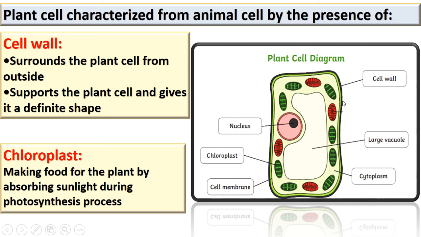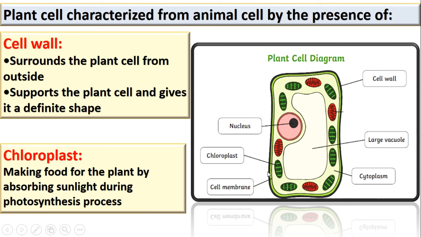Can you see the cell wall? This black layer is the cell wall. The cell wall is supporting the plant. What is the meaning of supporting the plant? It is making the plant cell strong and giving it a definite shape.